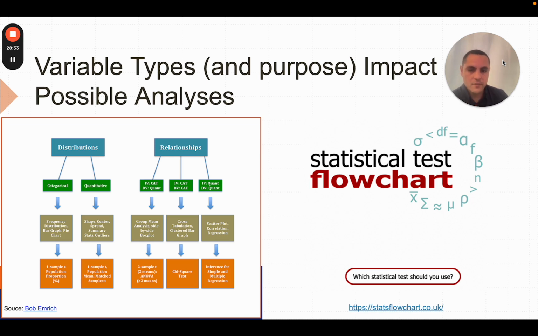But at the very bottom in orange, that corresponds to a statistical test, and that's where we're able to really test that relationship or test our hypothesis in an empirical way. So those are some sample tests that we can use.